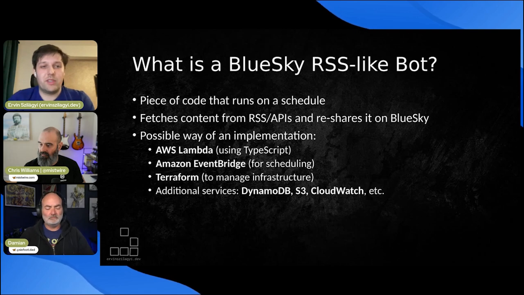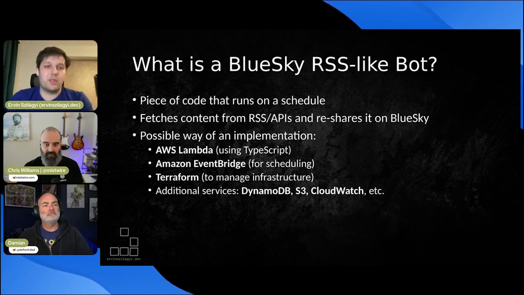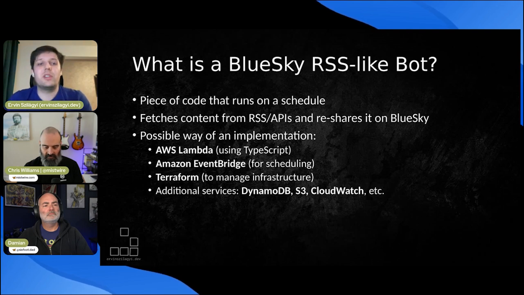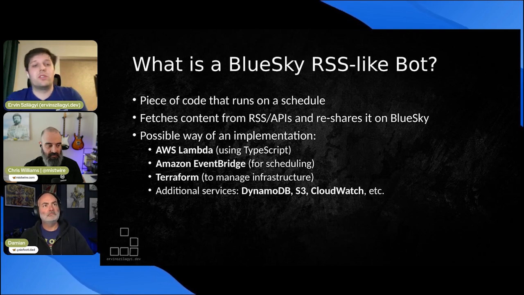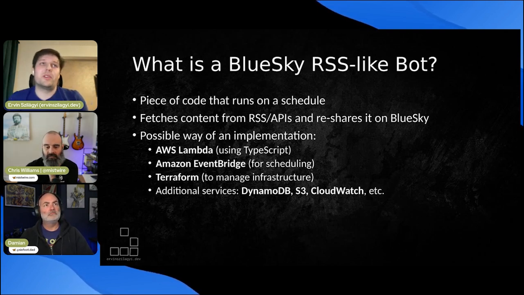Choosing AWS also helps with the prices. You don't really have to spend a lot of money on this. Essentially you can build it and run these bots for a few cents, in case you are not in the free tier.